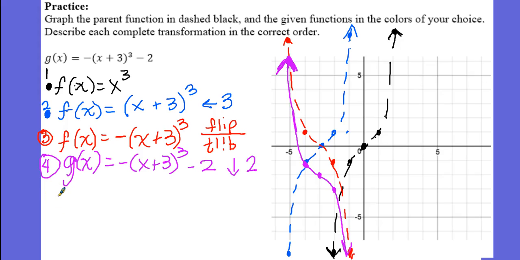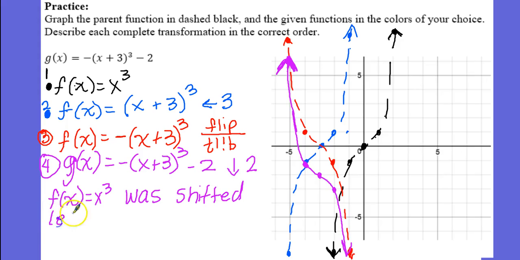And now we're going to describe what we did, starting with step 1. We took the parent function, correct? So we took f of x equals x cubed, and we did what? Moved it left 3, so we shifted left 3, okay, comma.